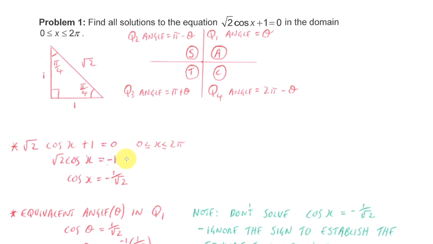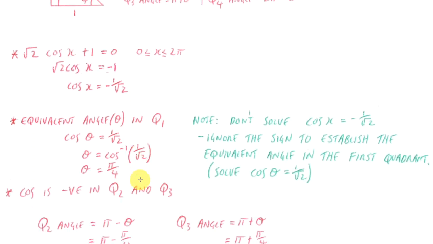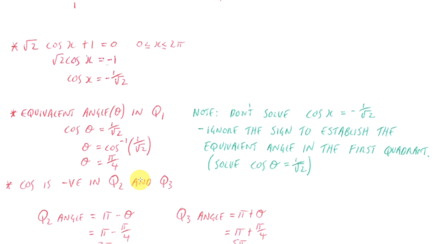In this line of workings, I've subtracted 1 from both sides, and then in the next line, I've divided both sides by the square root of 2. So cos of an unknown angle needs to equal negative 1 over the square root of 2. In our next move, we need to work out an equivalent angle in quadrant 1.